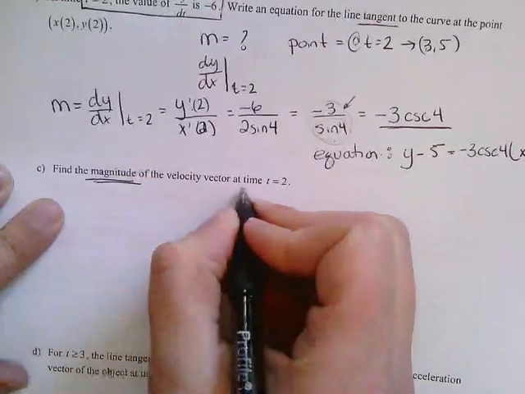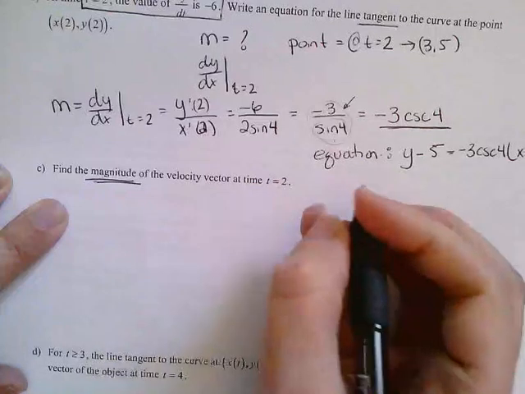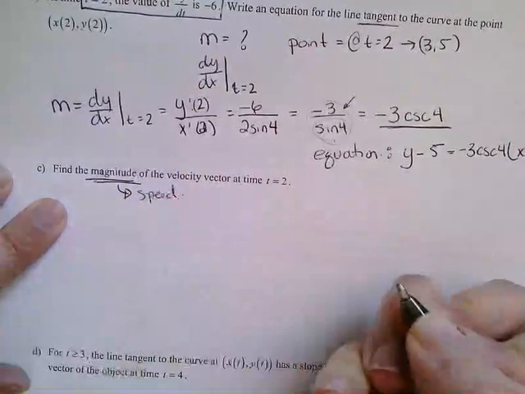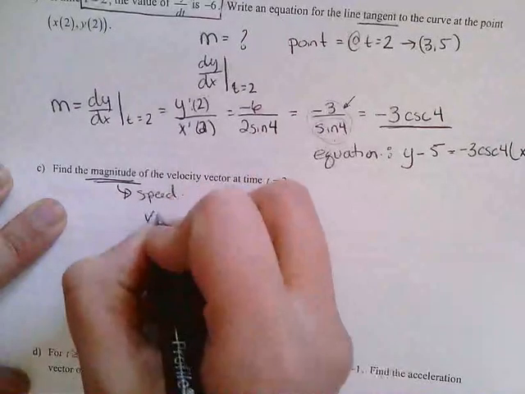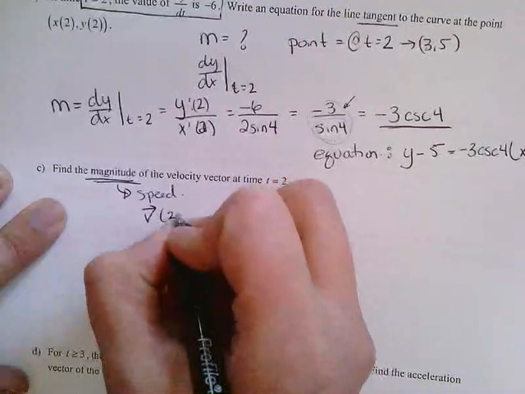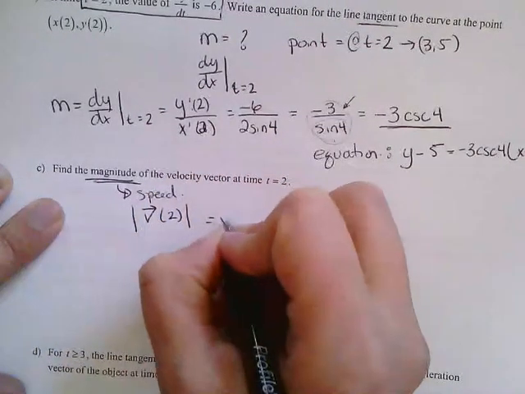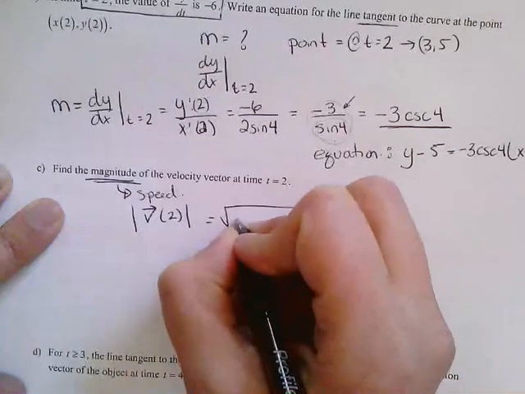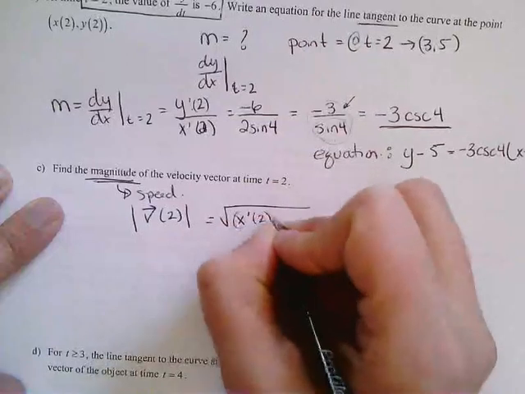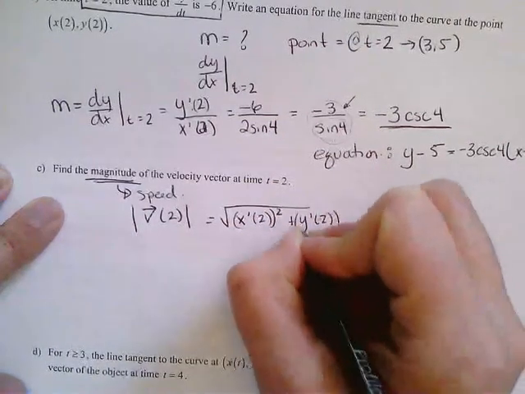Find the magnitude of the velocity vector at time t equals 2. So this is basically saying find the speed, right? So it's the speed of the velocity vector at 2. So if you plug that into the calculator, it's x prime of 2 squared plus y prime of 2 squared.